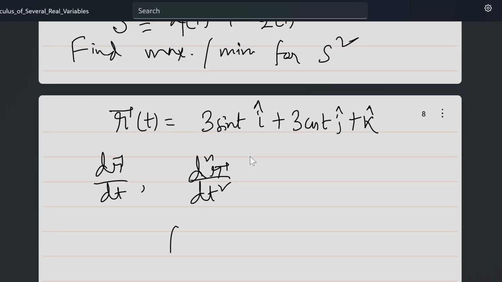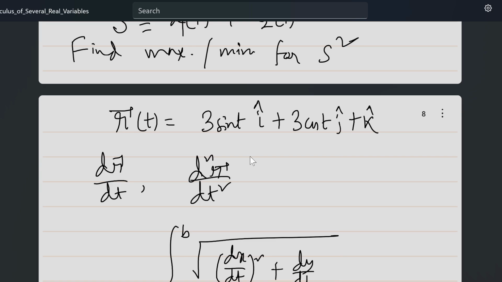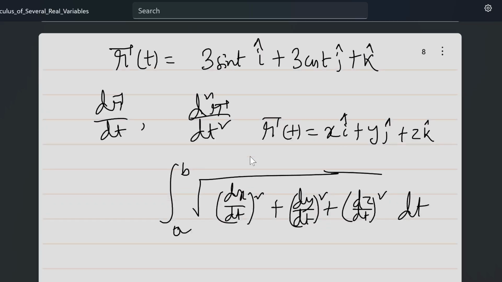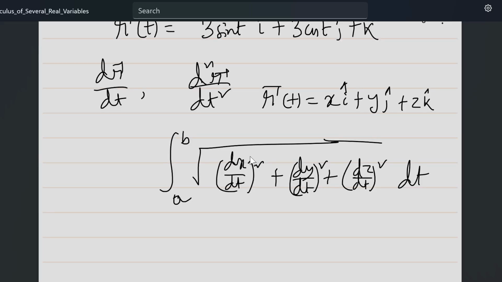Then you integrate from a to b root over (dx/dt) square plus (dy/dt) square plus (dz/dt) square, where the r vector is xi plus yj plus zk, and x, y, z are functions of t. So the length of this curve r is nothing but the integral from a to b of this, right? Remember this formula?